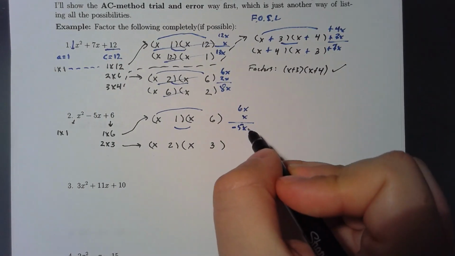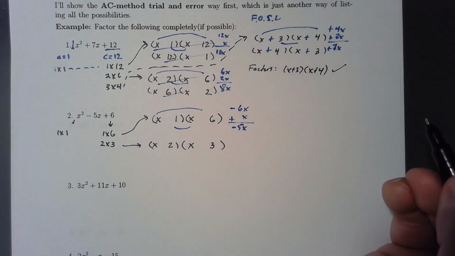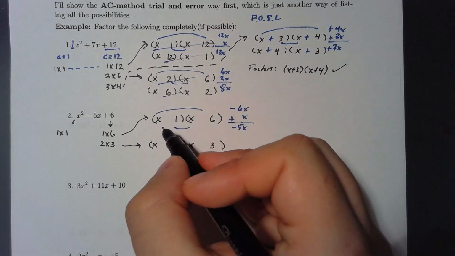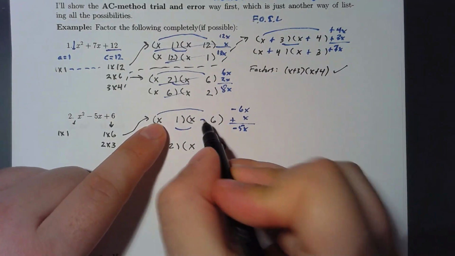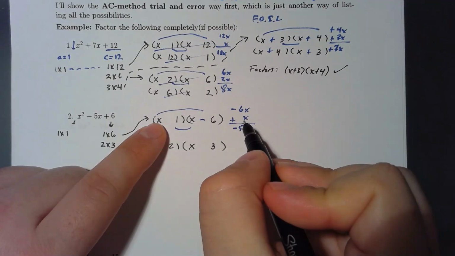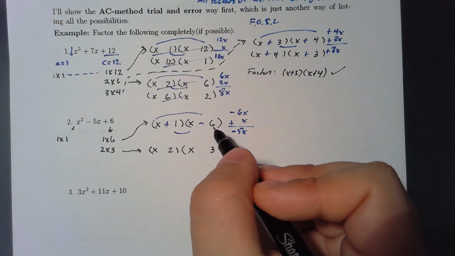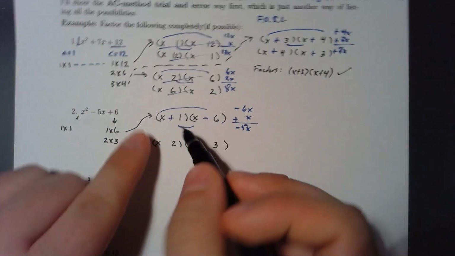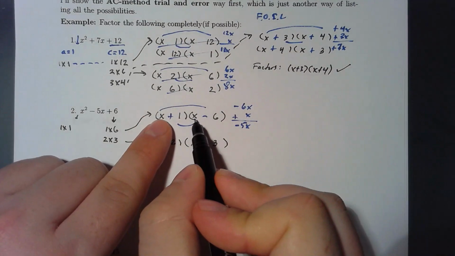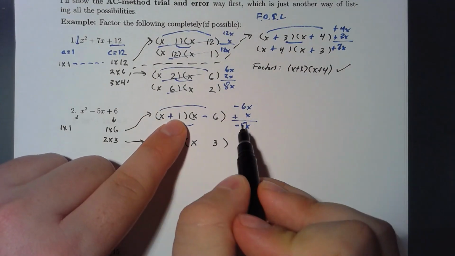Well, this one should be negative and this one should be positive. So if this is -x, 6x, the negative should be here, and if this is positive x, then the positive should be here. Is that going to work though? So if I go through the FOIL process, that's x squared, that's -6x, that's positive x, which gives me -5x.